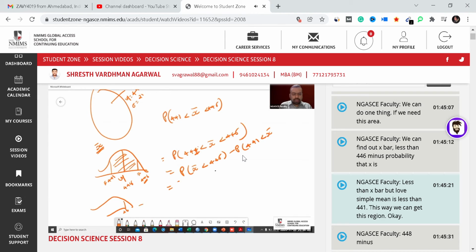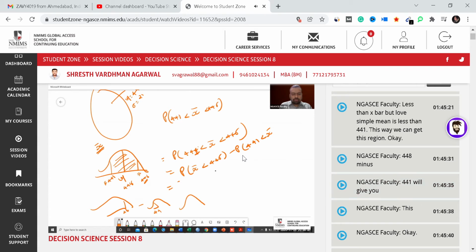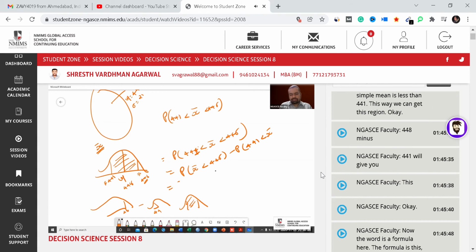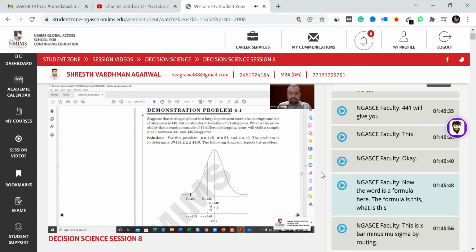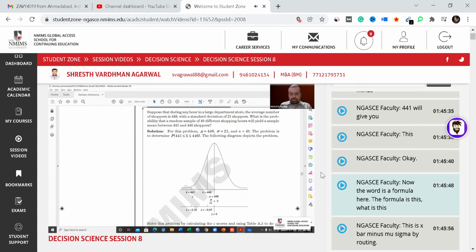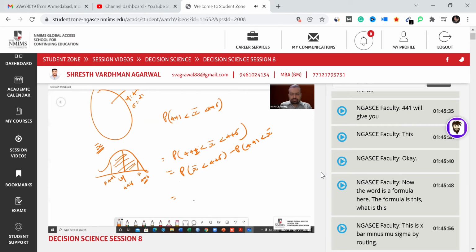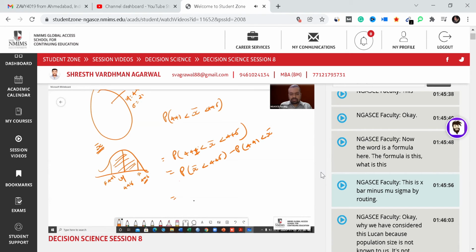448 minus 441 will give you this. Now what is the formula here? The formula is Z equals X bar minus mu, divided by sigma by root n.